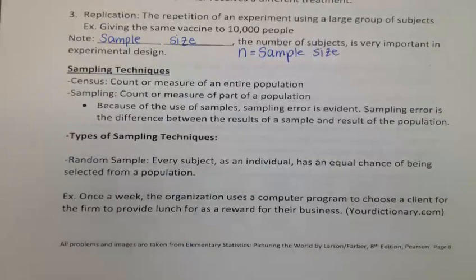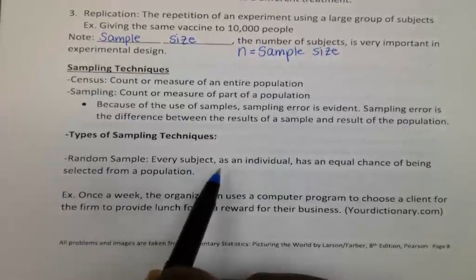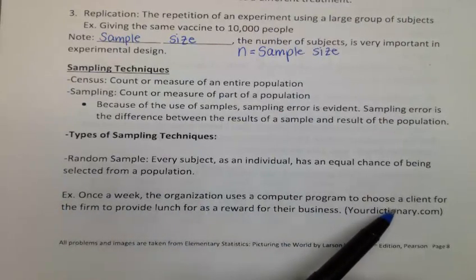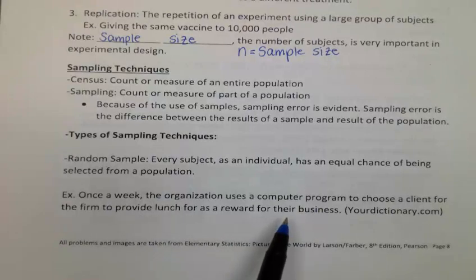All right, types of sampling techniques. First, you have your random sample. This is where every subject as an individual has an equal chance of being selected from a population. For example, once a week, the organization uses a computer program to choose a client for the firm to provide lunch for as a reward for their business.